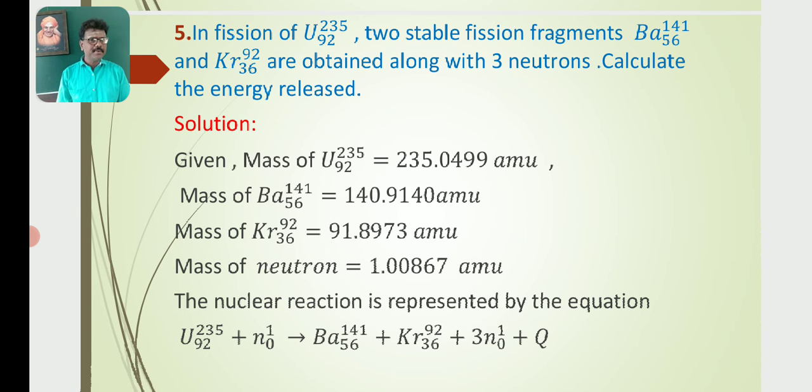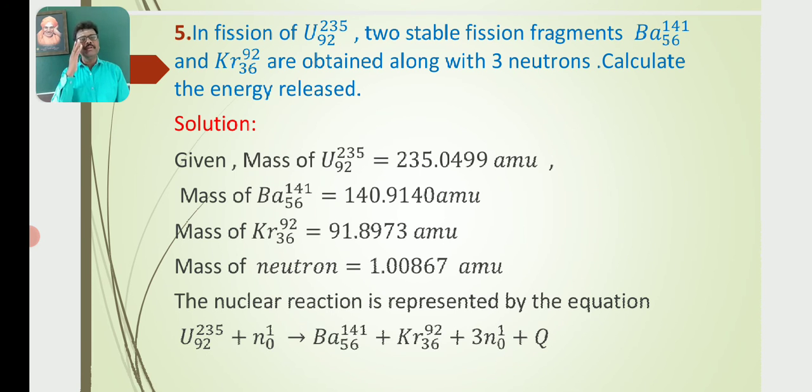Here we know that the process of fission means the process in which an unstable heavy nucleus splits up into 2 stable fragments with the emission of 3 neutrons along with a large amount of energy.